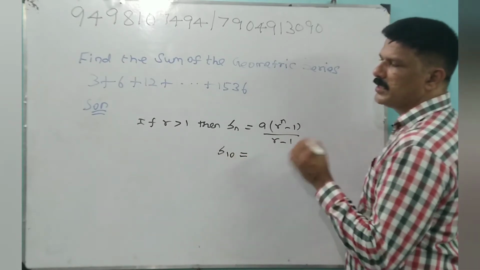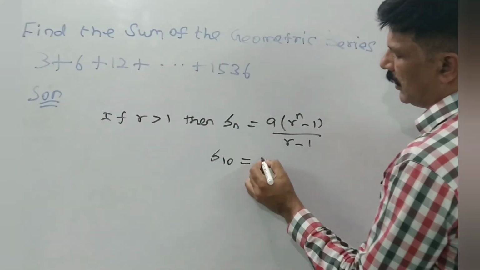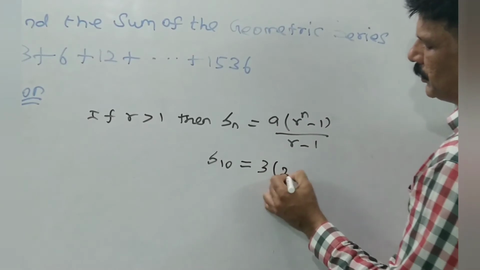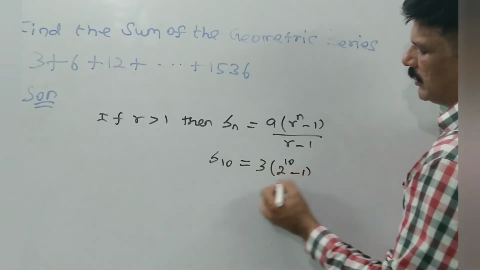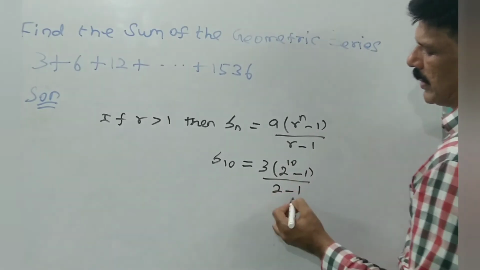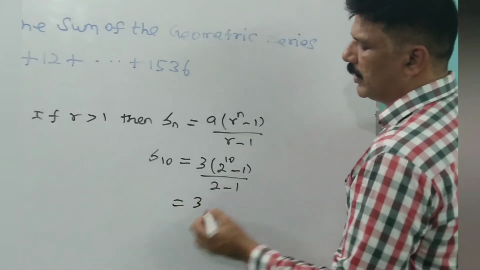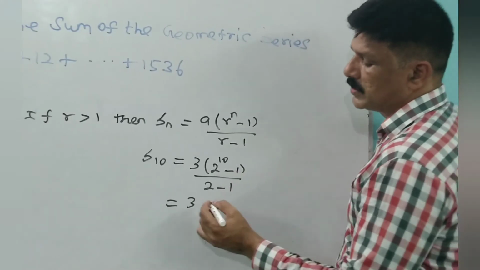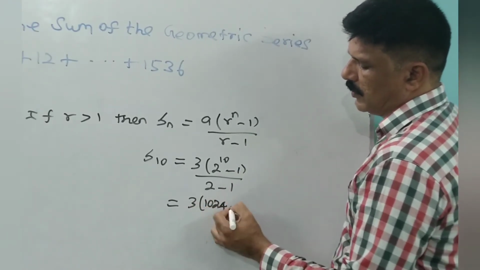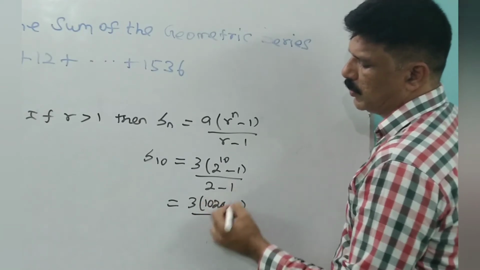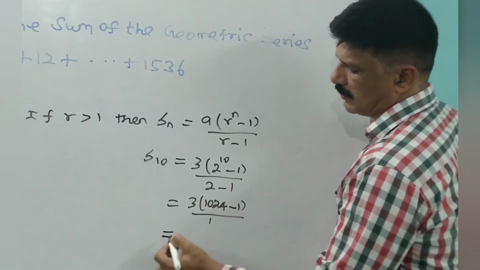What is a? 3. A is 3, r is 2, 2 power n, what is n? 10, minus 1 divided by r minus 1. Here 3, 2 power 10, already we know 1024. 1024 minus 1 divided by 2 minus 1, 1.